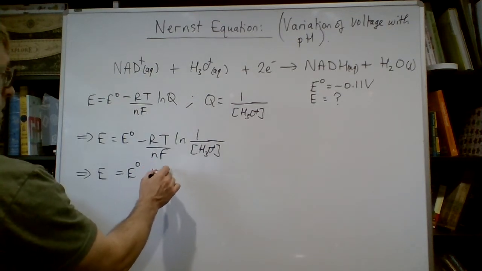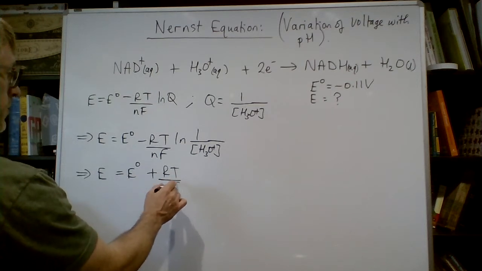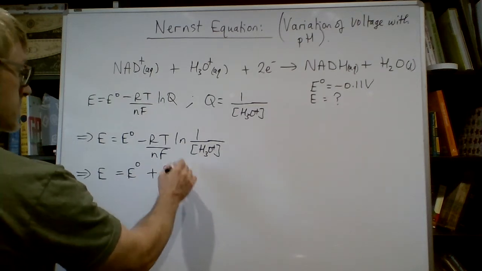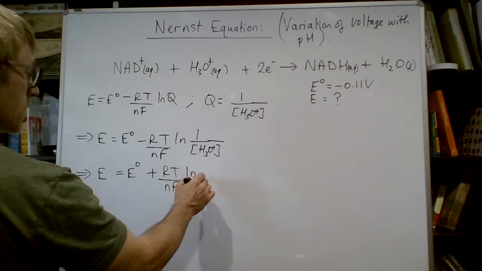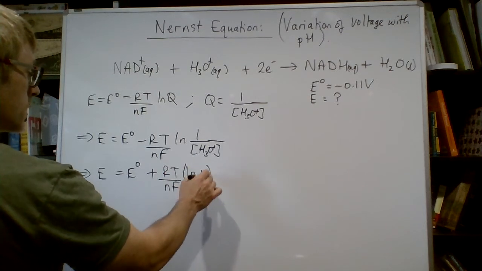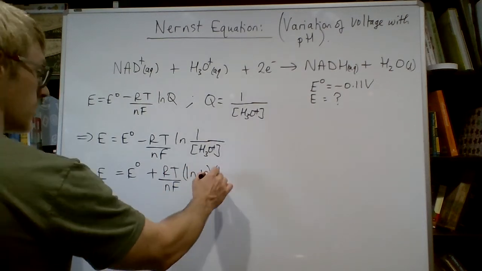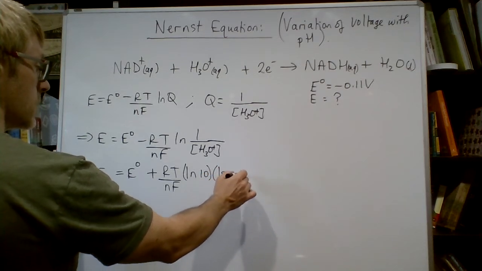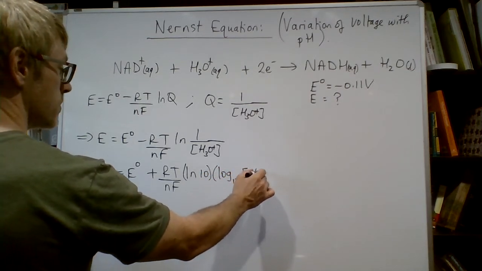So I've got plus RT over NF, and then instead of log x, I can have log base 10 of the inverted fraction.